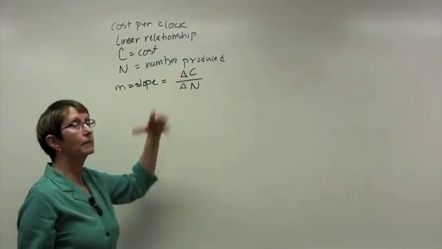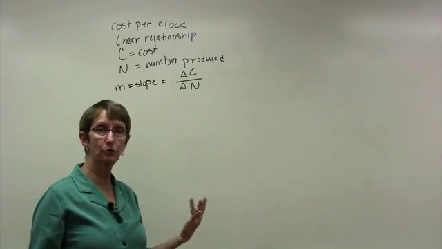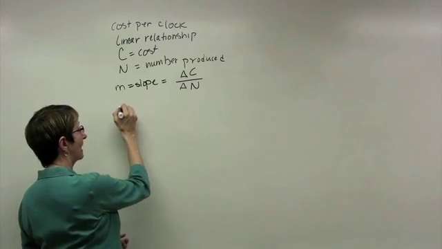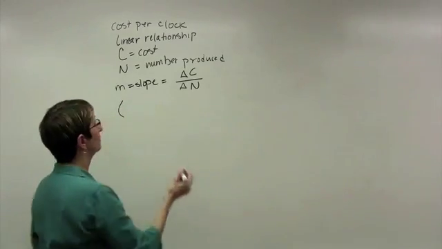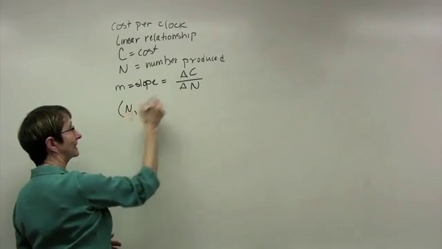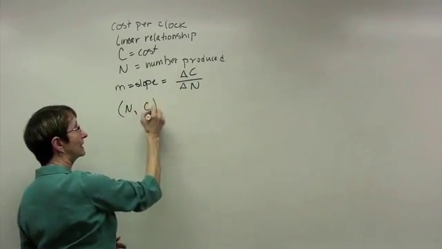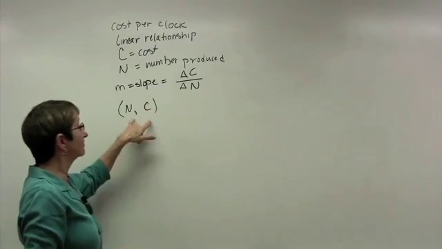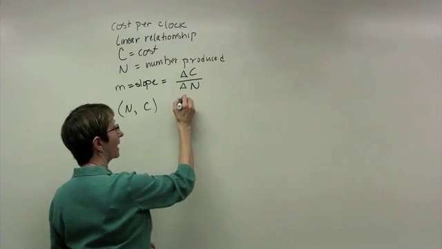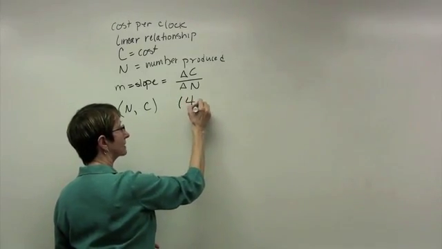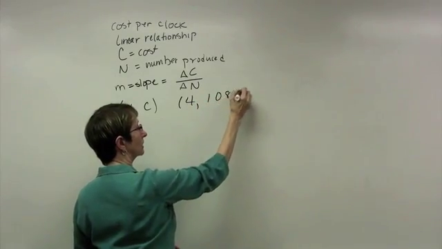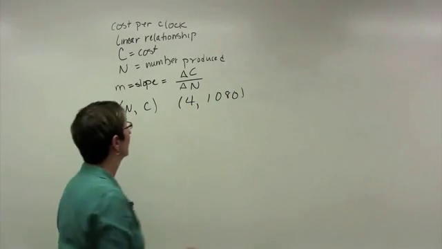So if I set up the information about the actual dollars and numbers of clocks from the problem, I need to set my pairs to be ordered. N is like X, it's in the denominator. C is in the numerator like Y, so my pairs have to be set up as N first and then C. So I was told that for 4 clocks, it was going to cost $1,080 to produce all 4.